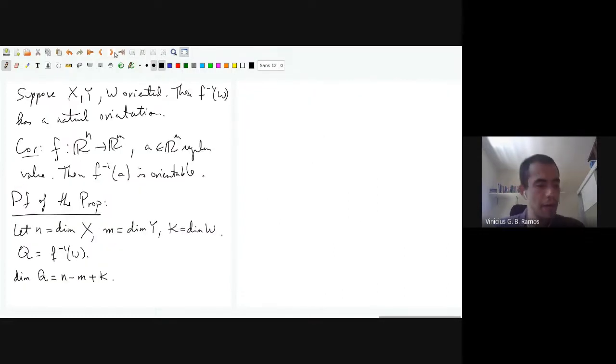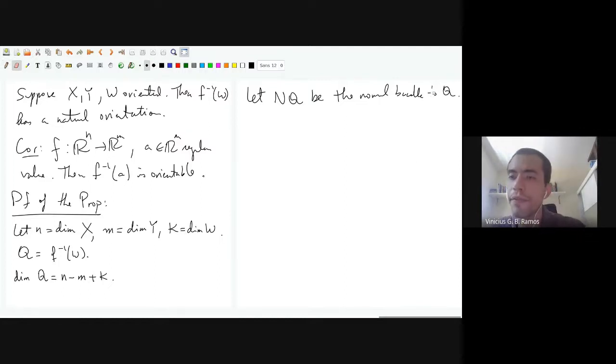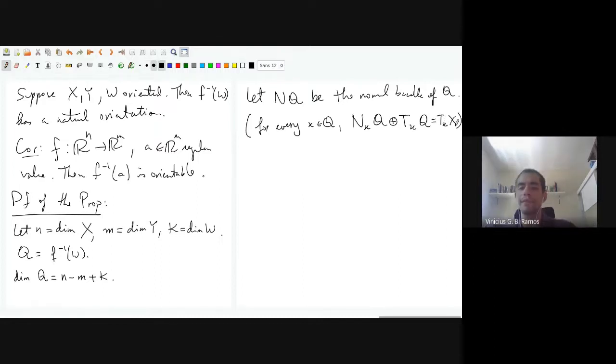All right. So now let NQ be the normal bundle of Q. Remember, you can always do that by choosing a Riemannian metric. So that means that for every point x in Q, we have the normal bundle plus the tangent bundle equals T_xX.